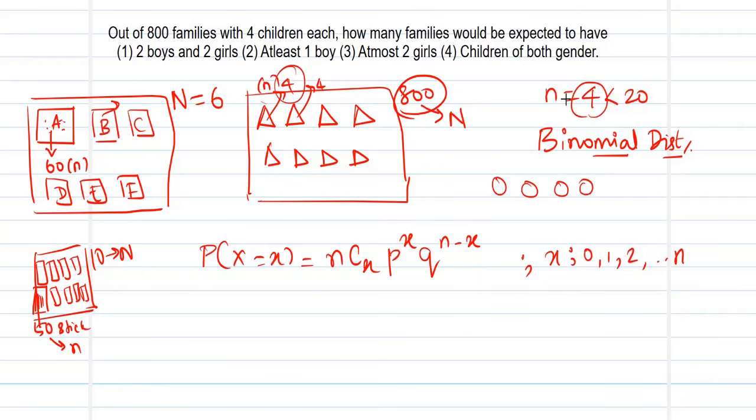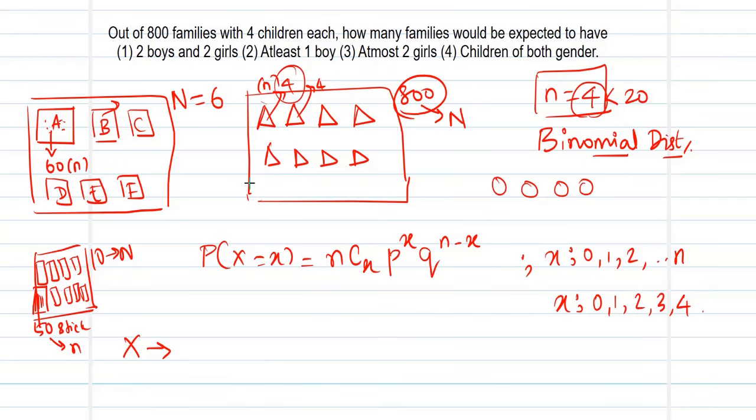So what is our n? n is 4, so we have x varying as 0, 1, 2, 3 and 4. Now coming to fix these details, I already know that my n is equal to 4. Now talking about p and q, I need to fix my x. What is going to be x? X is going to be the action of either choosing a boy or a girl from a family.